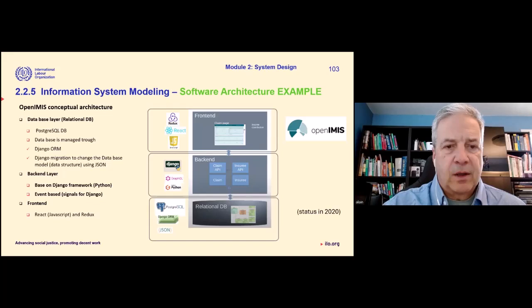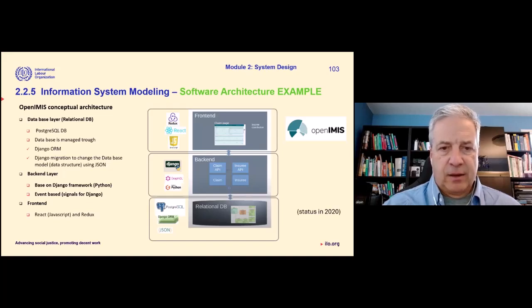The main one that is used is PostgreSQL with the little elephant graphic. This is one of the most used open source database management systems. And you have other specific open source software that are used to manage data with that.